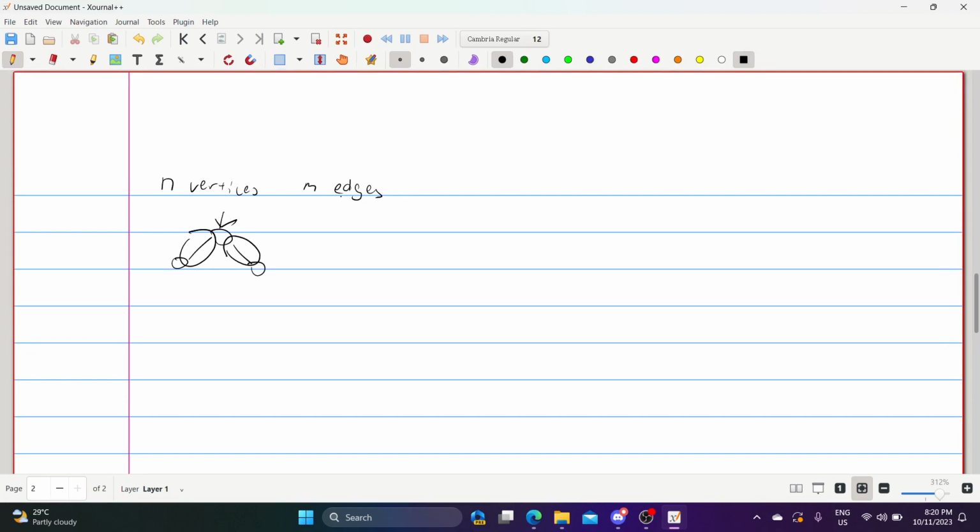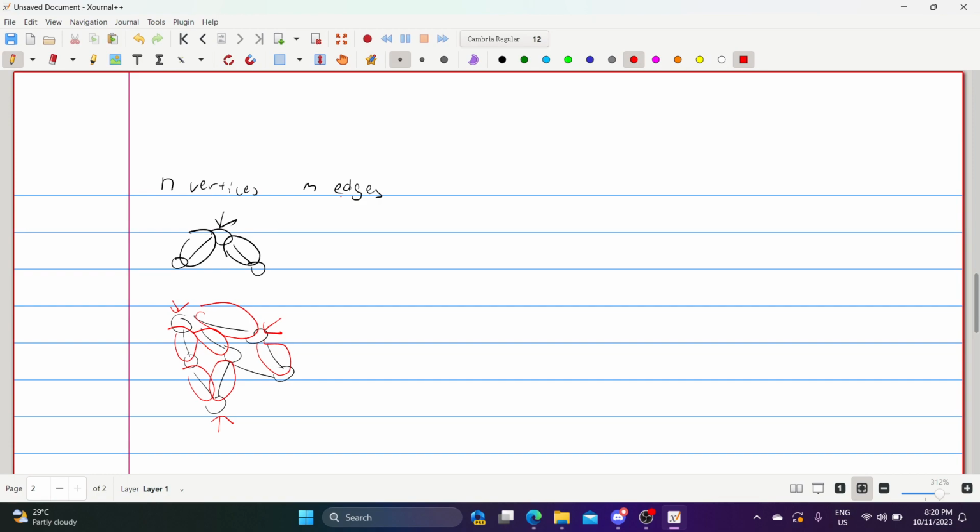So if there's a big graph, for example, you can pair this edge with this edge because they share one common vertex. You can also pair this edge and this edge because they share one common vertex. Then you can also pair this edge and this edge because they share one common vertex.